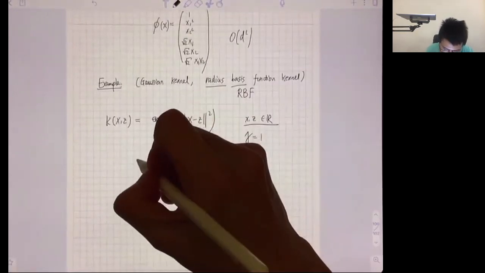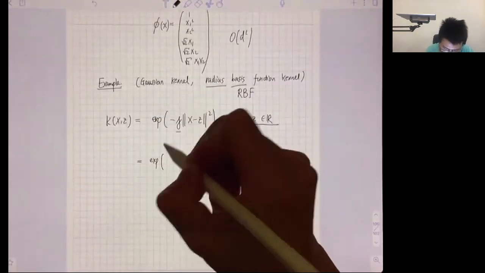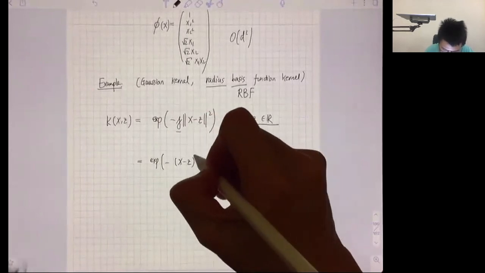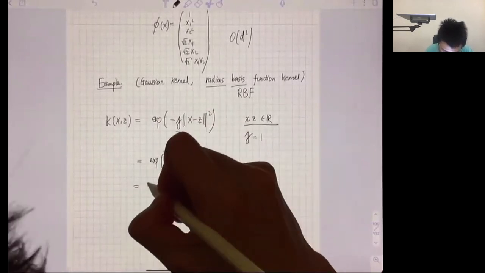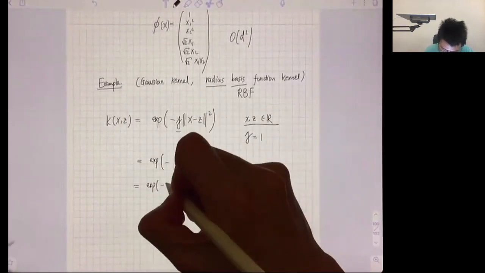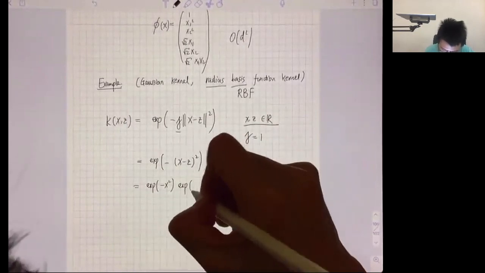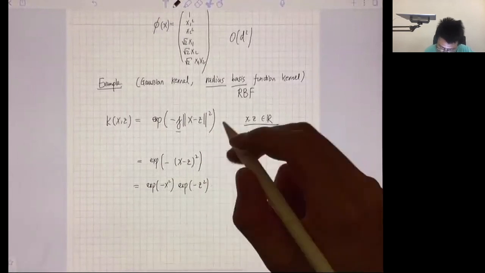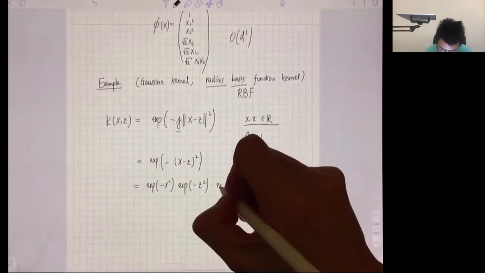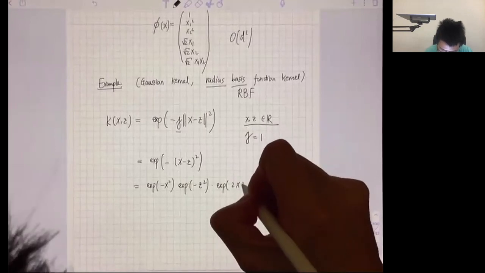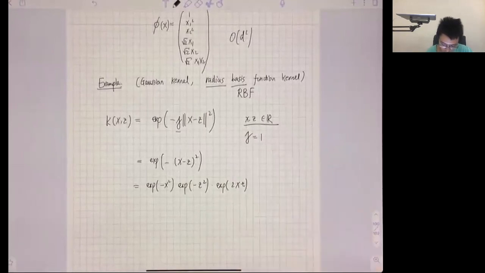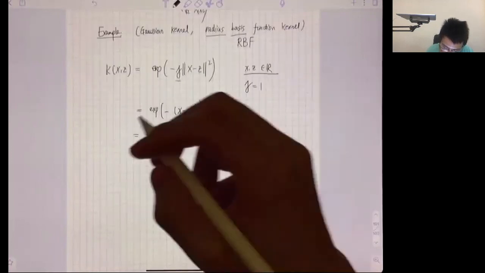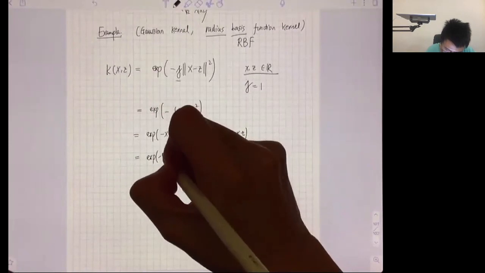So this is actually the exponential of minus (X minus Z) squared, which is essentially the exponential of minus X squared, times the exponential of minus Z squared, times the exponential of 2XZ, right?